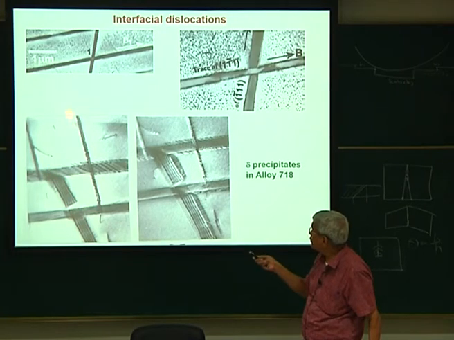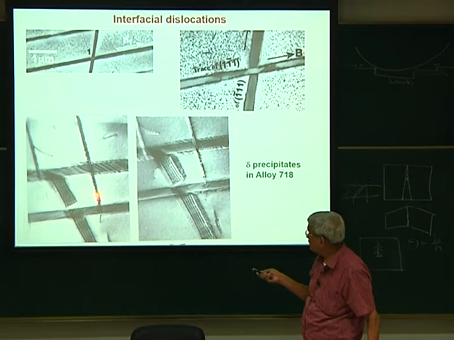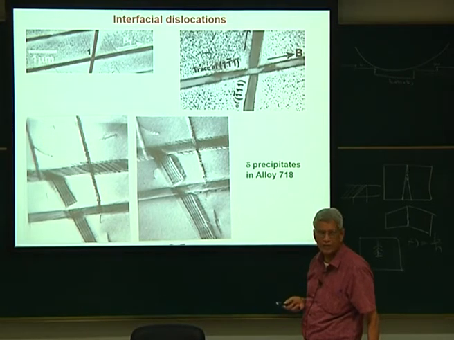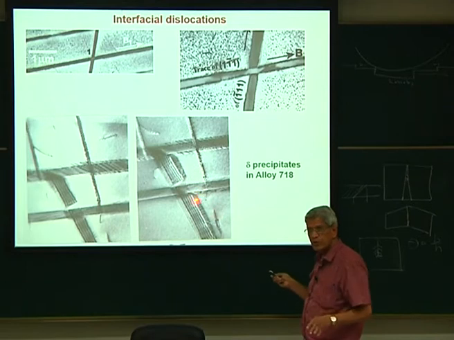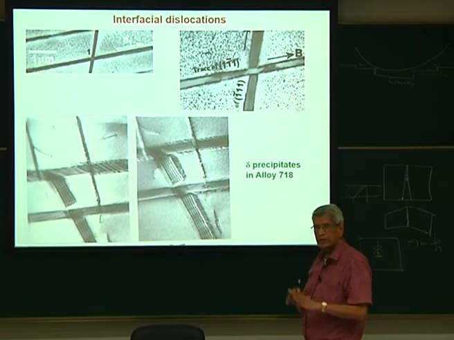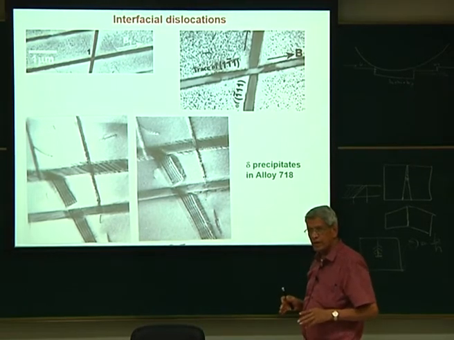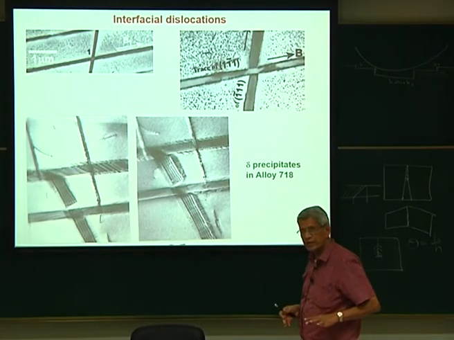In addition to the fringe contrast, there are some other contrasts which could be seen. This comes because it looks like some dislocations are attached to it. These dislocations are called interface dislocations. These dislocations can form during the precipitation. That is one particular case.